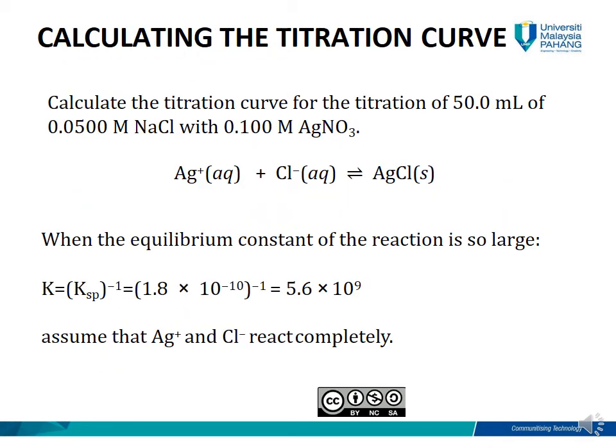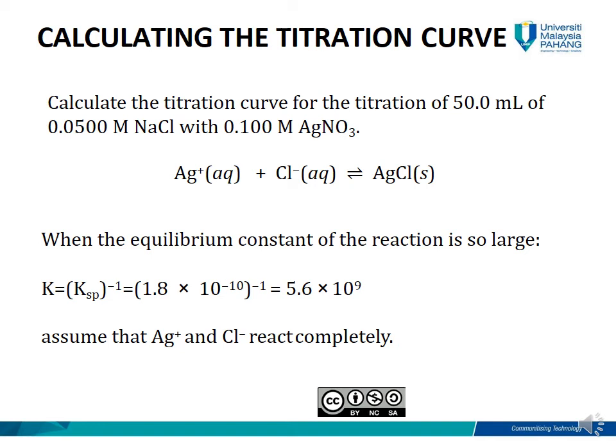So basically, when we want to determine the concentration of our analyte, our analyte is a chloride ion, just remember that. You need to calculate, and you need to know the KSP value.